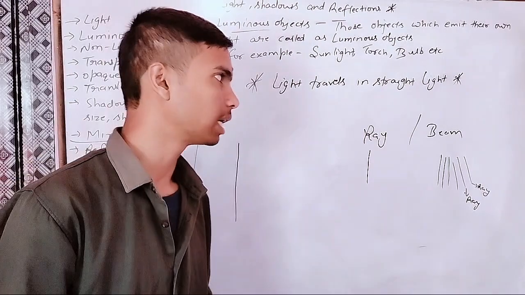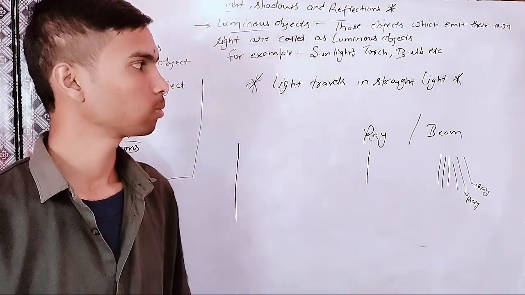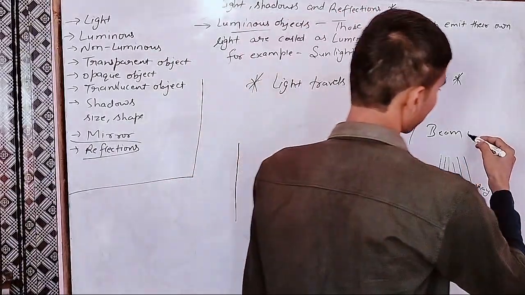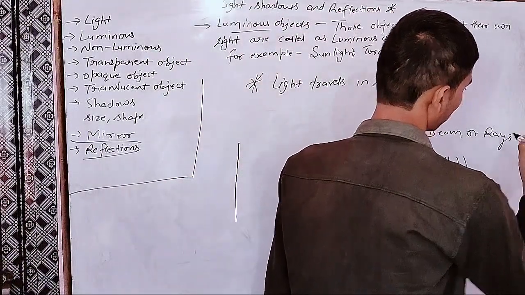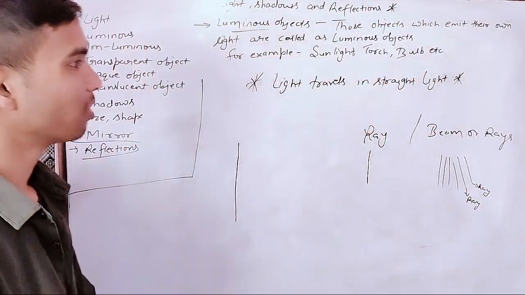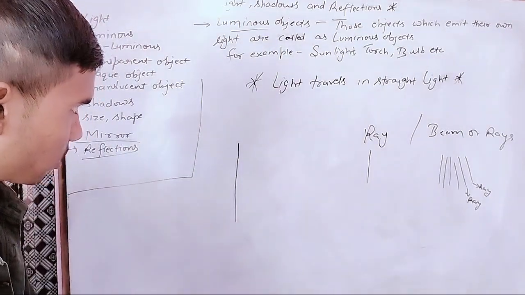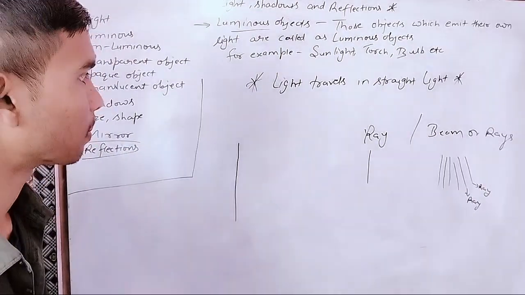Also, we can write rays for beam, because we have a lot of rays. That's why we can say rays rather than saying beam.